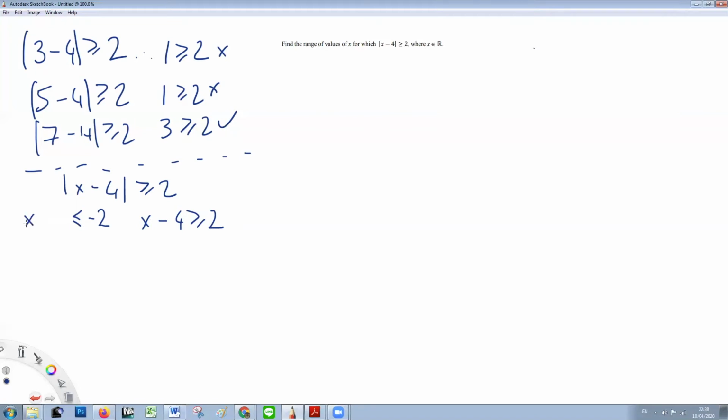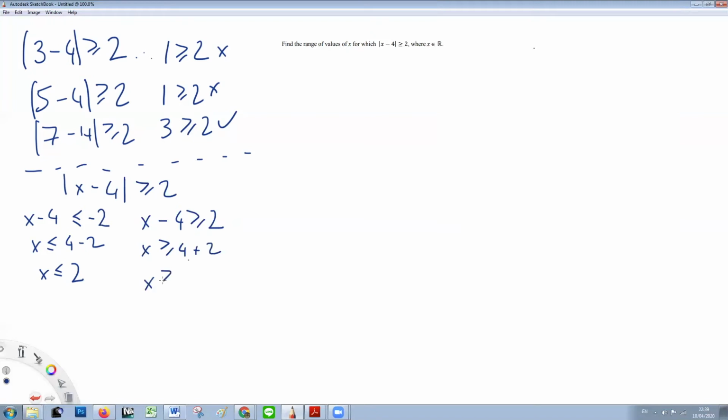So I'm going to be left with x minus 4 is less than or equal to minus 2. So that's going to be x less than or equal to 4 minus 2, so the x value is going to be less than or equal to 2. Here we have the same thing, but obviously the signs are the other way, and the sign of the 2 is a plus.